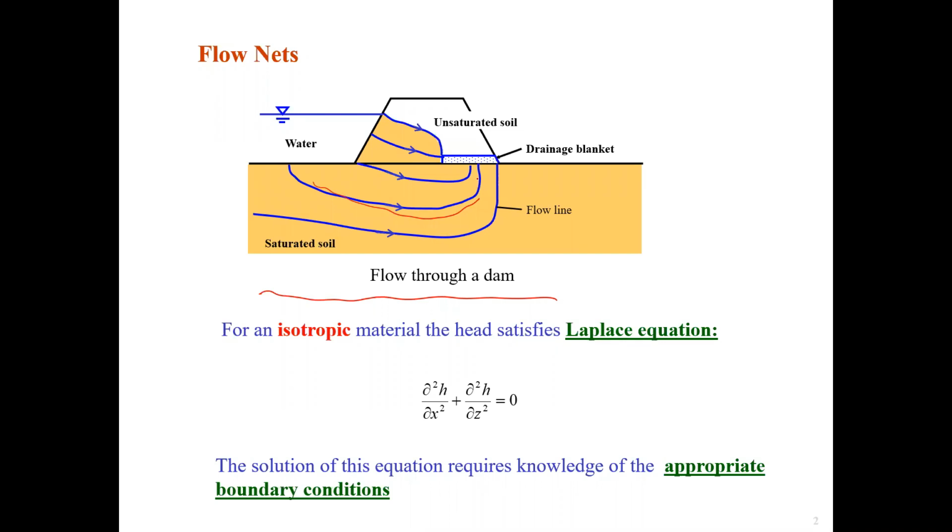In lecture 3, you have learned the Laplace equation for isotropic material. If we know the boundary conditions of this case, for example the water level upstream and also the water level downstream, then we can use the law of conservation of mass.